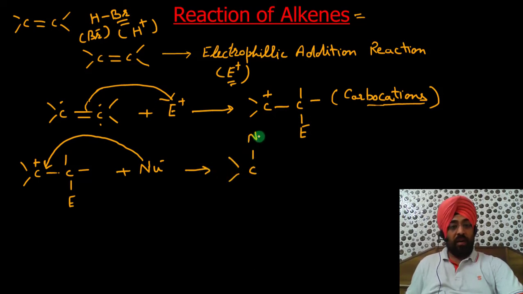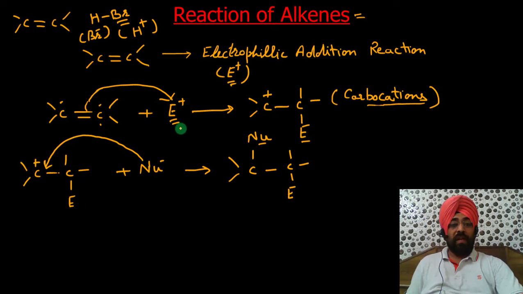So this is the overall mechanism by which alkenes undergo electrophilic addition reactions. Why addition? Because we have added E and a nucleophile to this C double bond C. That's why it is called an addition reaction. Why electrophilic? Because attack of the electrophile is the rate determining step.